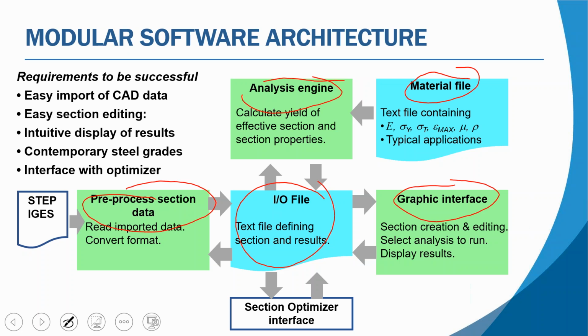But what I wanted to show on this slide is there's the possibility, it hasn't been implemented yet, that this IO file system can interact with a section optimizer. So we had that in mind. The structure of this file is very conducive to outputting and inputting from an optimizer, but that isn't integral with GAS 2.0 at this particular time.